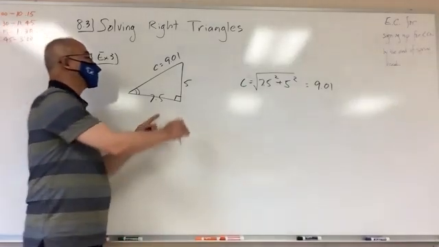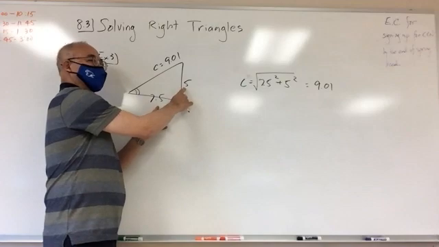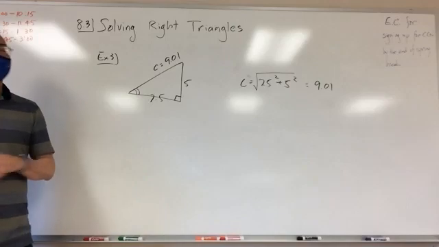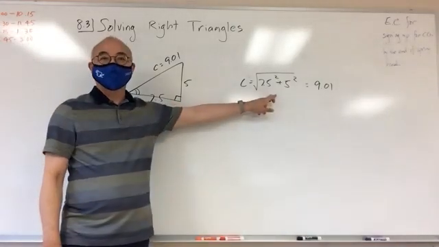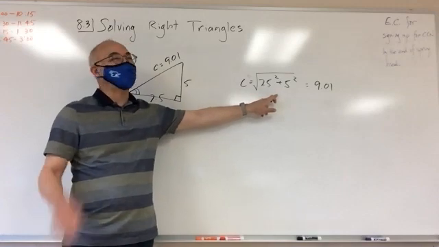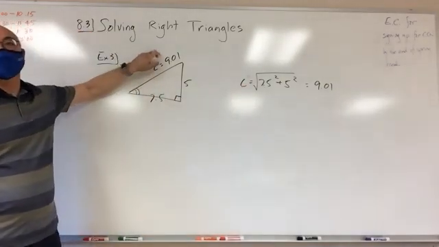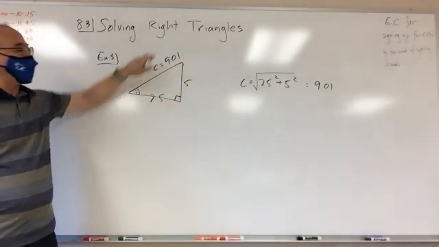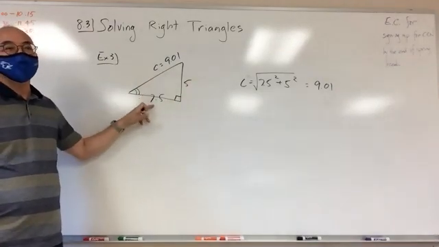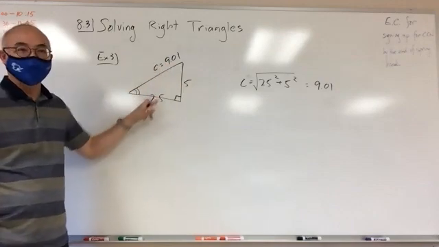I would choose the one that involves these 2. Anybody have a reason why that would be? If for some reason I screwed this up and punched the wrong button in my calculator, there's a chance I could have got this wrong. But I know these 2 are not wrong. So why deal with something that I had to derive rather than just use these 2 that I know for sure are good?